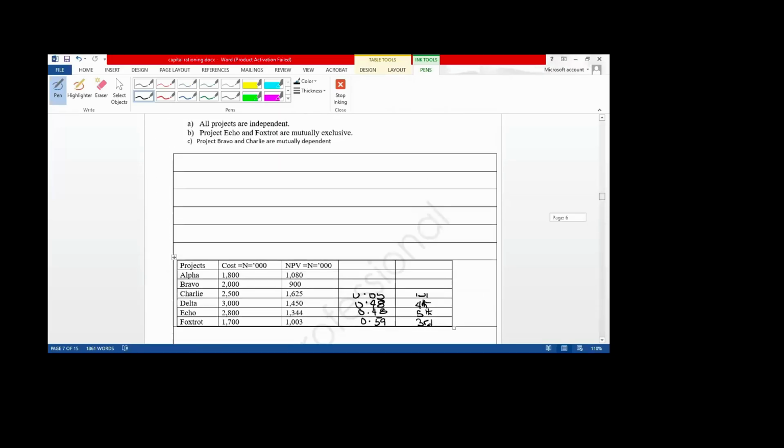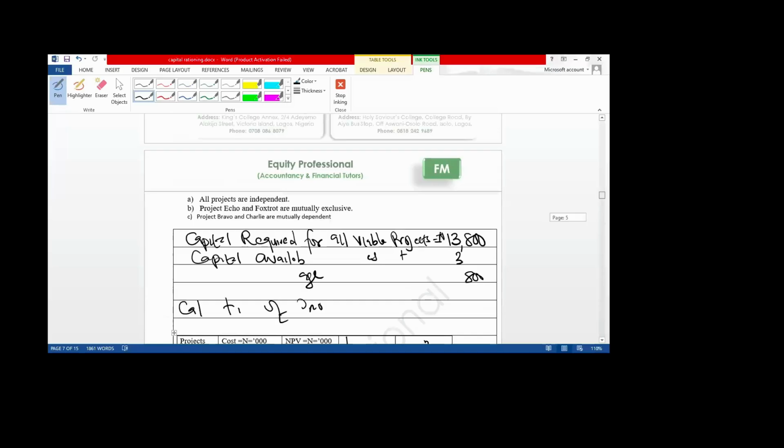Okay, let me see. We have this. Now look at if projects Echo and Foxtrot are mutually exclusive. What is the meaning of mutually exclusive?